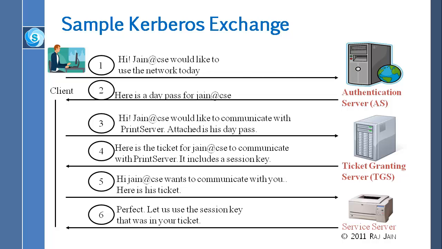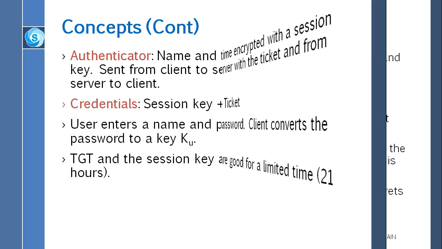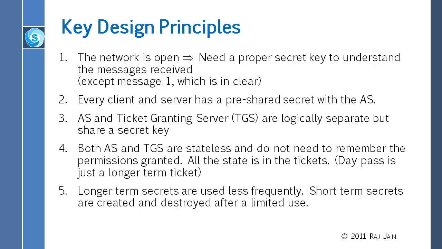All right, and I would not be surprised, I don't really know, if we are using this Kerberos system at WashU. So what is assumed is that the network is open, and so basically everything is encrypted except the first message, and that message is coming up here. Everything is encrypted, and every client and server has a pre-shared secret with AS.